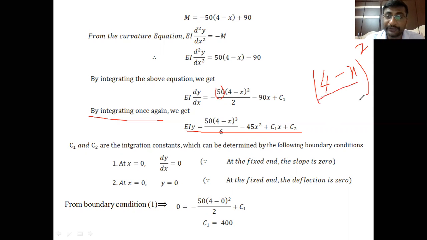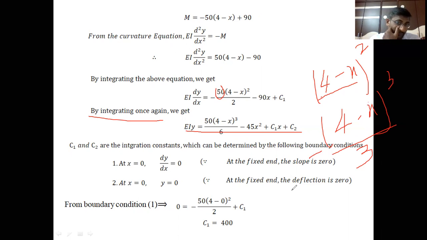Directly this bracket term is assumed as a single term. Upon integration, we get 4 minus x whole cube by 3. Just like x square integrates to x cube by 3, like that 4 minus x whole cube by 3. Since minus x is there, you have to put the minus in front of that expression.